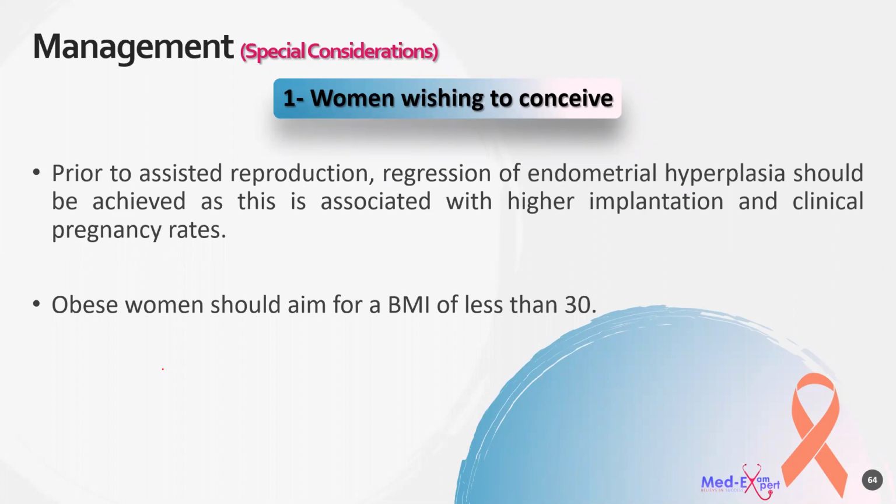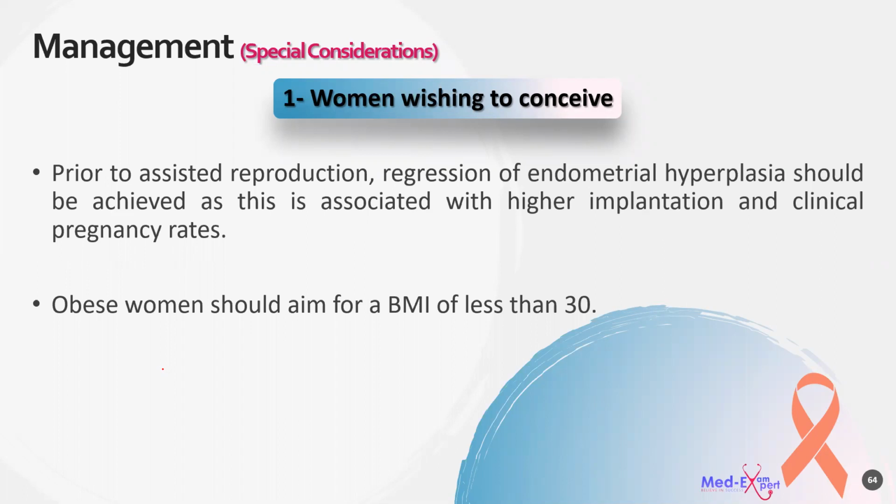Because if the patient gets pregnant on top of endometrial hyperplasia, this can affect the implantation, and even if pregnancy or implantation occurs, clinical pregnancy rates could be affected. So of course, regression is very important to achieve a higher implantation rate and higher clinical pregnancy rates.